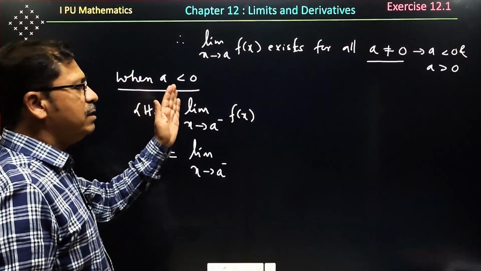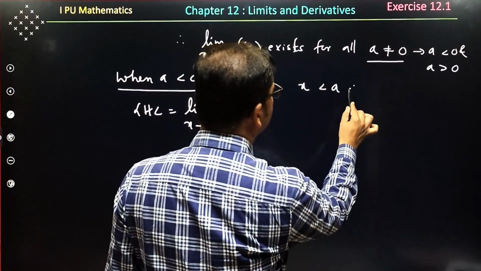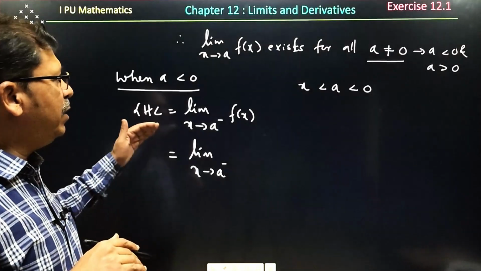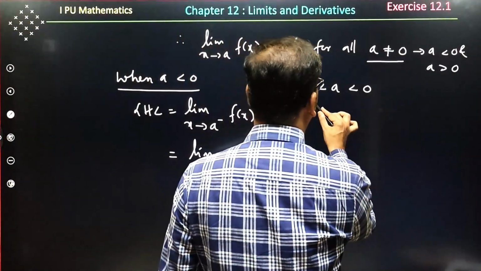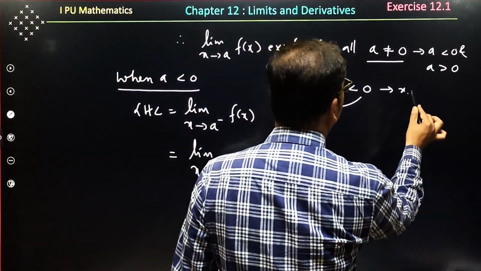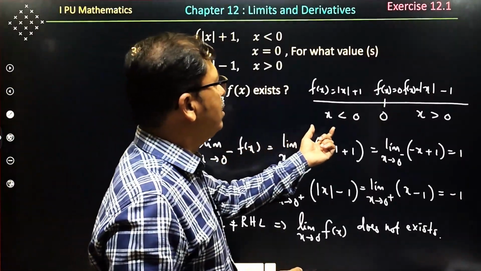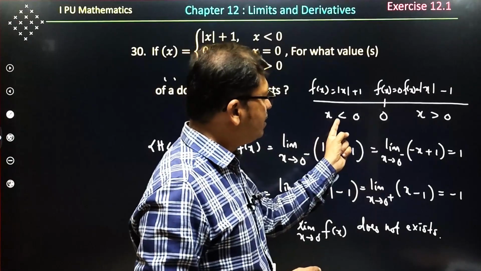See, a is less than 0, it means x is less than a, which is less than 0. So as a whole we conclude x is less than 0. When x is less than 0, the function is defined as f(x) is equal to mod x plus 1.